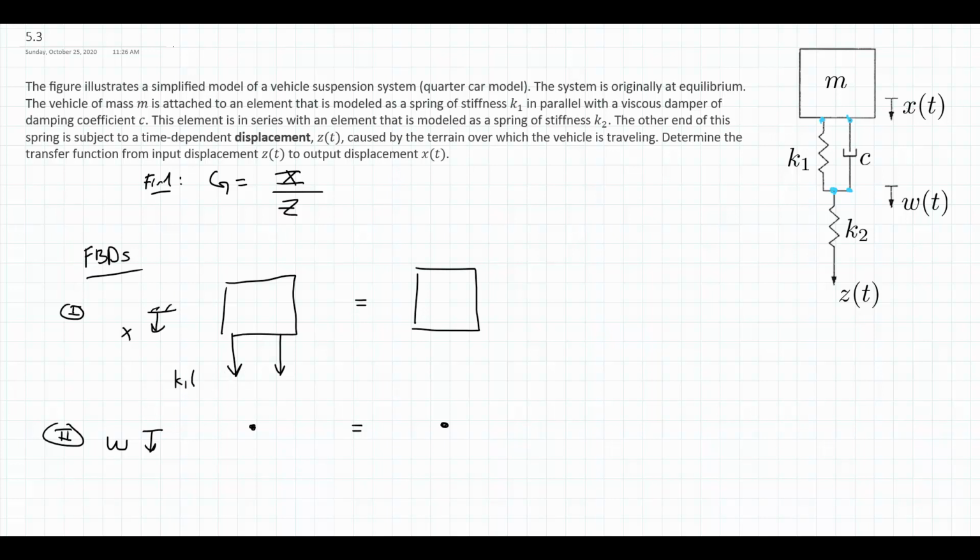And I'll rewrite this so it's a little bit clearer: K1 (W minus X). And if we look over to the damper, we want really the net velocity of the ends of the damper. If they're both traveling the same velocity, the damper is not being stretched or compressed.